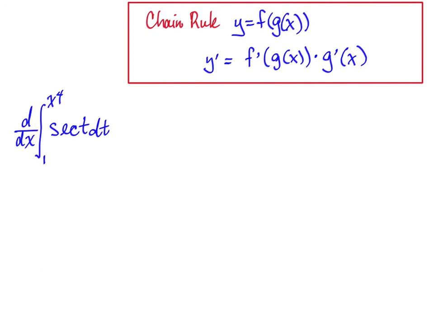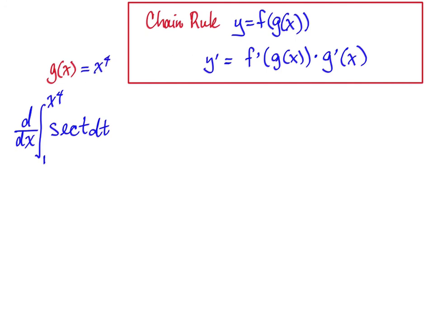So when we look at our definite integral, the definite integral from 1 up to x to the fourth, that's actually a function of g of x. So g of x is the inside function, and it's x to the fourth.